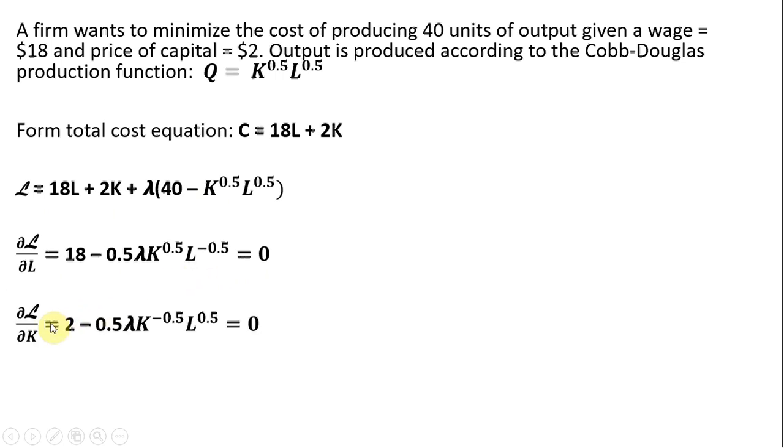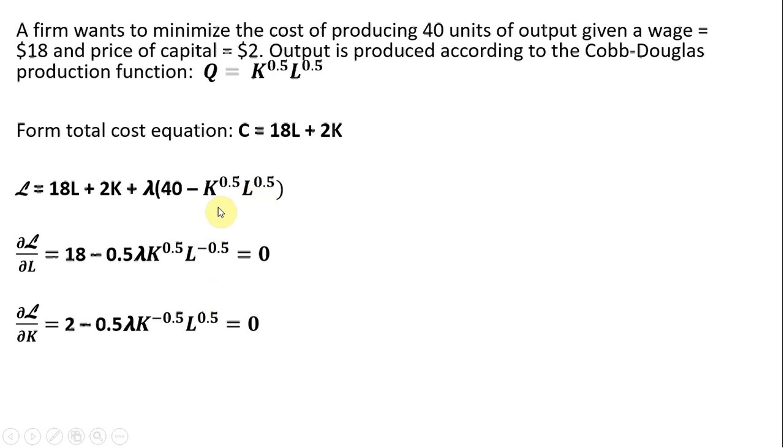We take another partial derivative, this time the partial derivative of the Lagrangian with respect to K, units of capital. So we don't have to worry about the 18L here, that's just 0, it's treated as a constant. The partial derivative of 2K is just 2, and we don't have to worry about lambda times 40, that's just a constant, so that disappears, but lambda is being multiplied by the rest of the stuff here in parentheses.